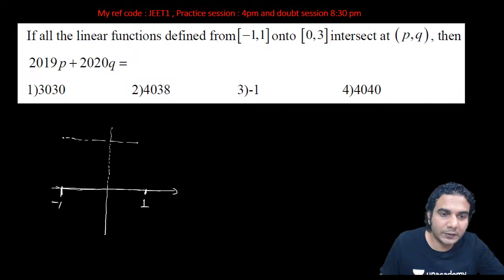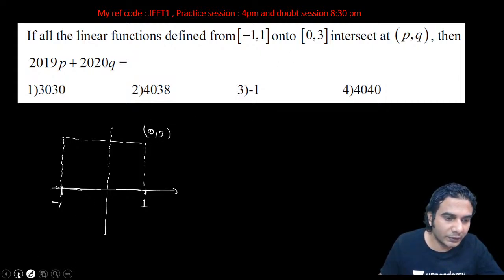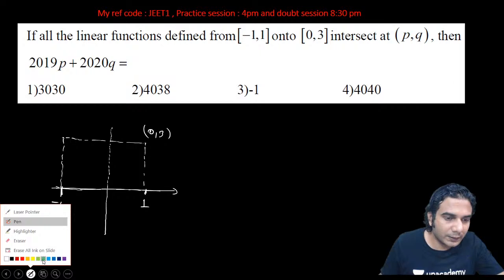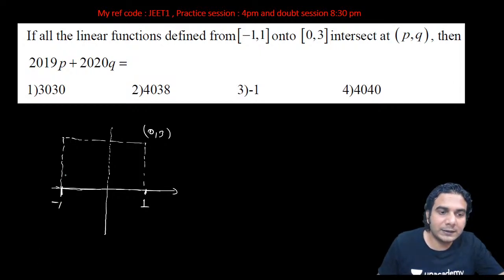You need to draw a line inside this box, because the codomain is given as 0 to 3, so you can't go outside 0 to 3. I'll draw some lines and you need to tell me whether it is 1-1 and onto both.